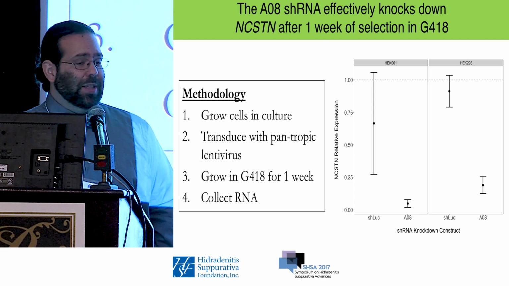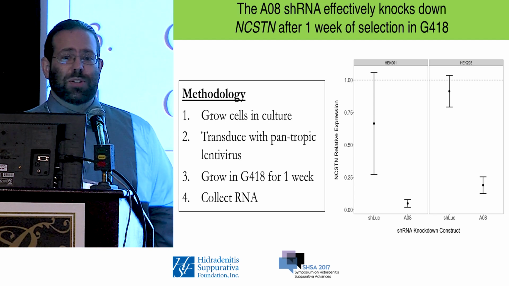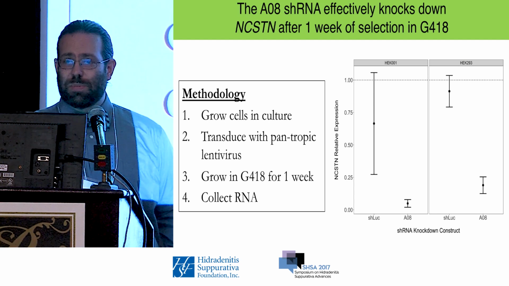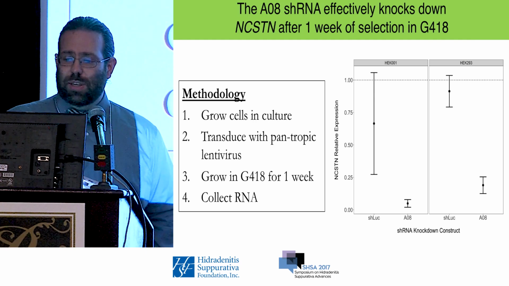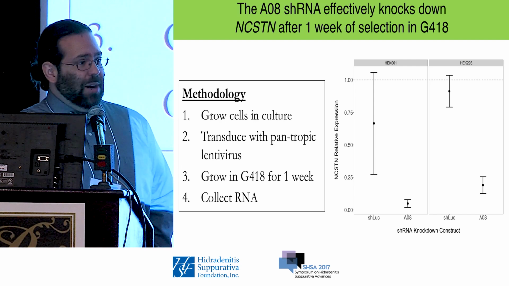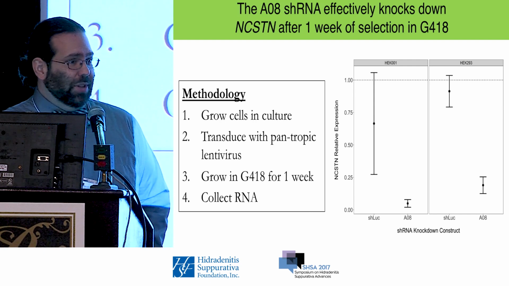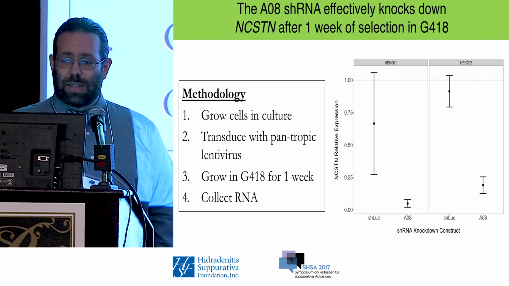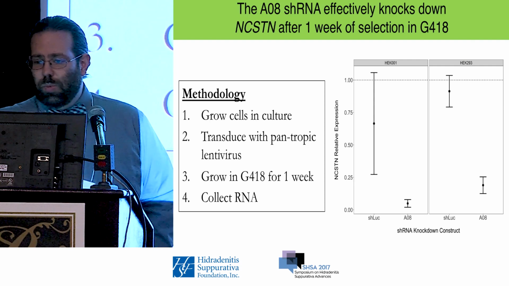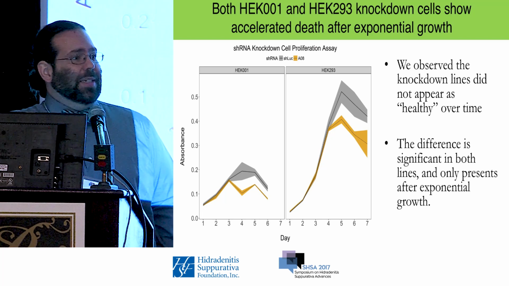We had not just the A08 knockdown for Nicastrin, but also one against luciferase, which is not in the human genome, that should serve as a control just for the conditions. After 1 week, you can see that the knockdown's even better. Now we're down to about 5% of normal level in the keratinocytes and about 20% of normal level in the embryonic kidney cells.